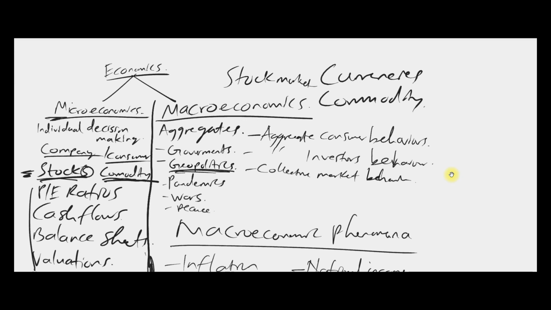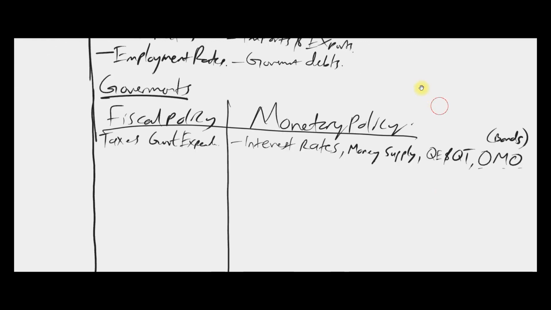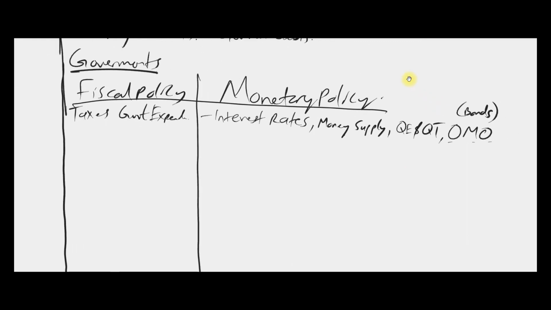So you have the stock market, currencies, and commodities. All these prices are affected by the macroeconomic situation of a country, an economy, or the world economy as a whole.